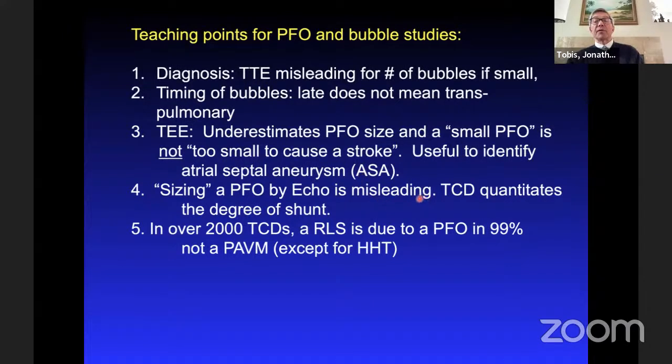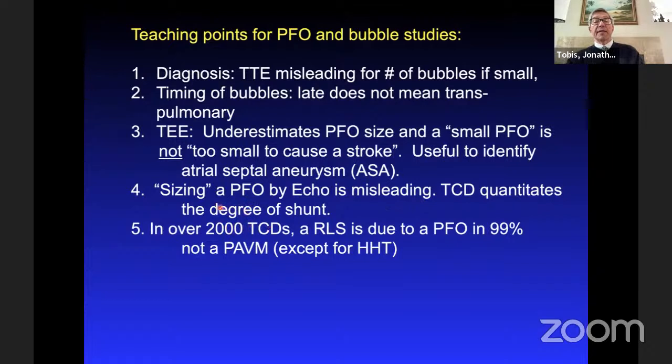And especially when the neurologist will say, well, this is too small a PFO to have caused a stroke, that is incorrect. The average PFO is 7 millimeters in diameter, and most of the emboli are 1 to 3 millimeters. So it's adequate to cause that stroke.